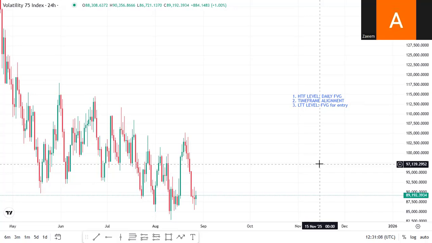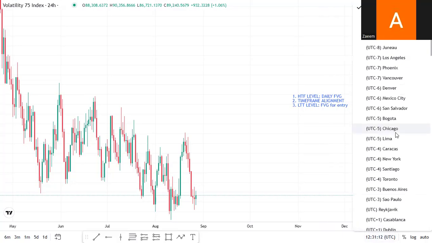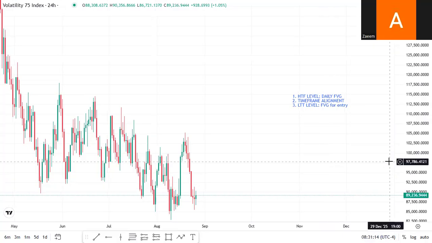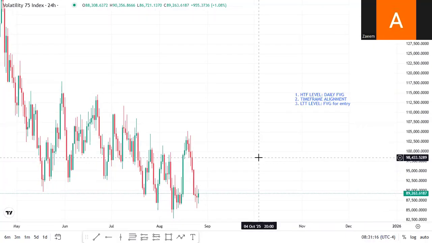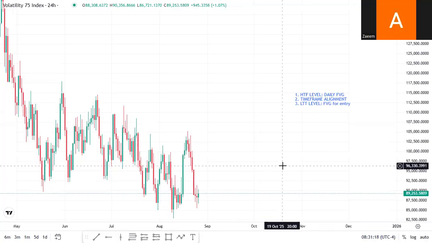Then from 12 p.m. Sorry, the time is in New York local time. So anything from 12 p.m. to 2 p.m., don't even engage in price. From 2 p.m. to 5 p.m., that is afternoon, you have more volatility.